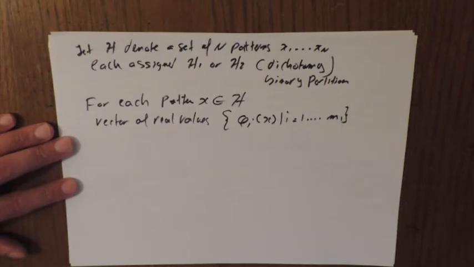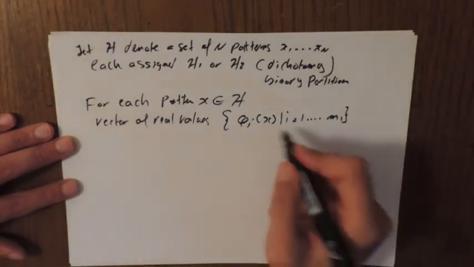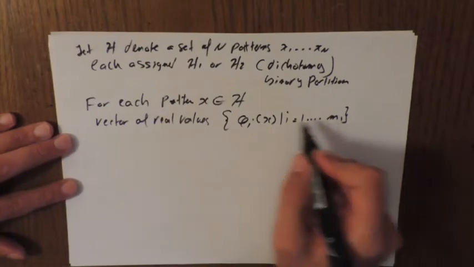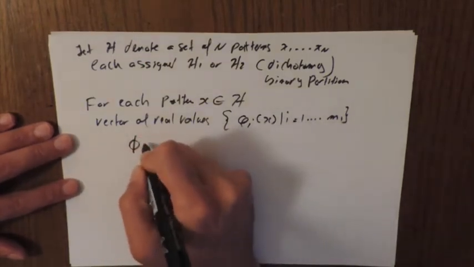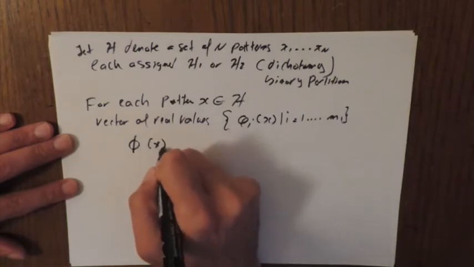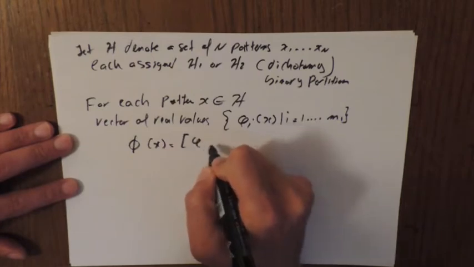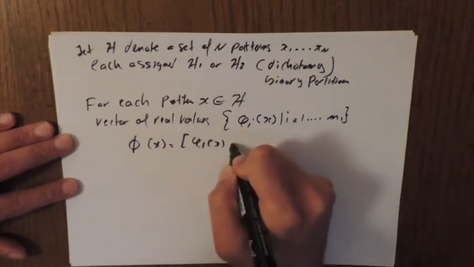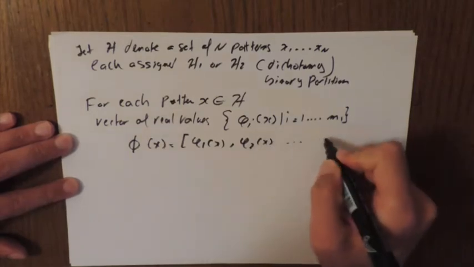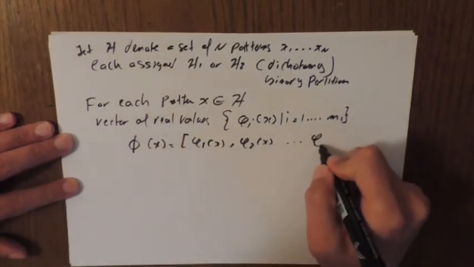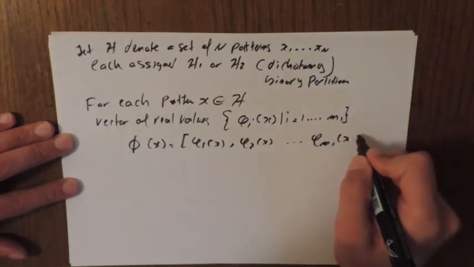So m1 is the dimension of the hidden space, and we can say big phi of x is the collection of small phi 1 of x, phi 2 of x, all the way to phi m1 of x, since it's of dimension m1.